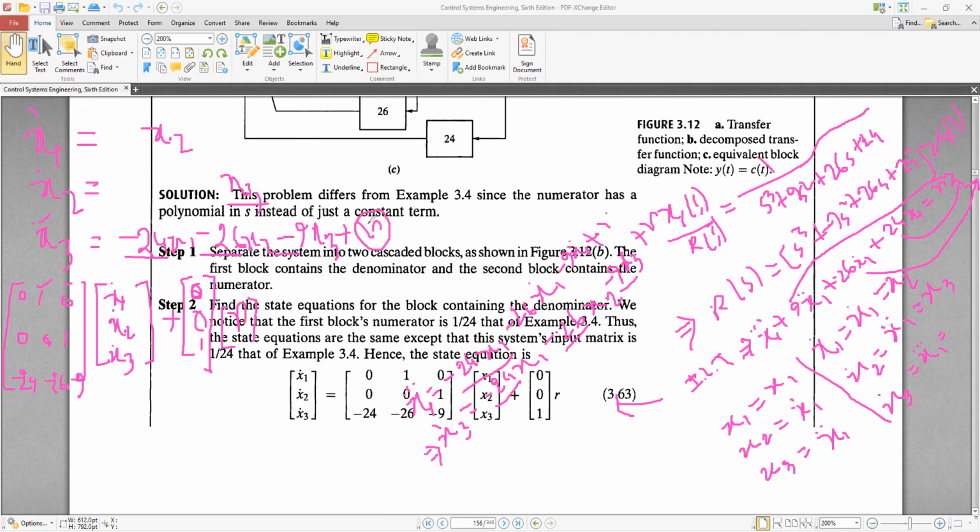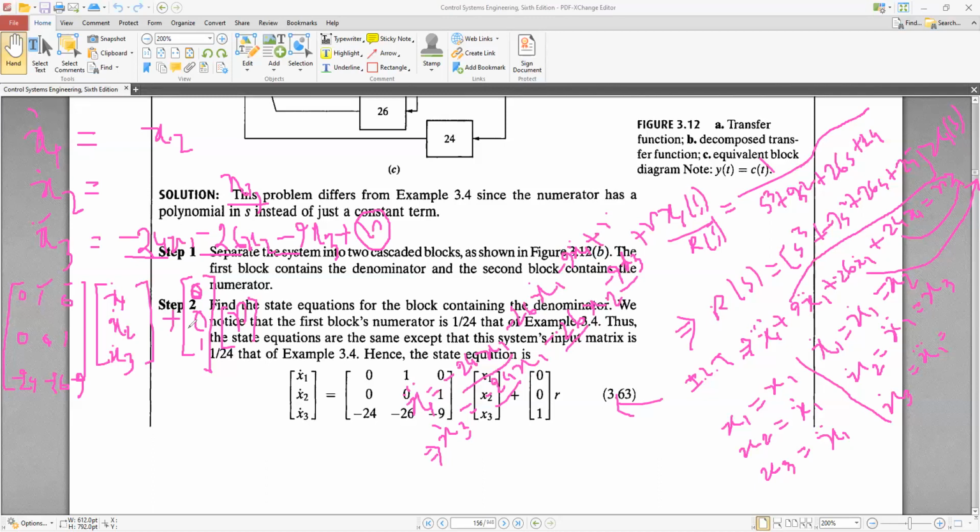R is another variable. In the first two equations there is no r, so the coefficient of r would be 0. But in the very last one, the coefficient value is 1. That is the main thing you have to take into consideration.